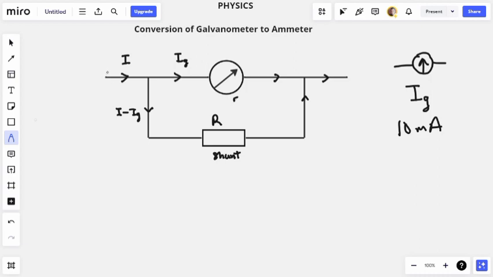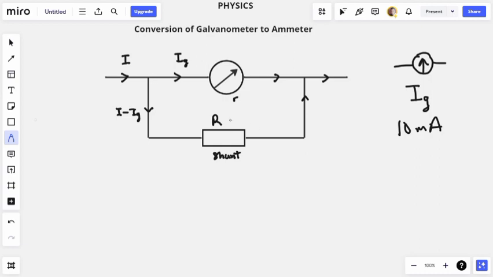Now, this current that comes in is the current you want to measure. When this current comes in, it will be divided into two. Part of it will go to the galvanometer, while part of it will go to the external resistor. In a parallel connection, current is usually divided.